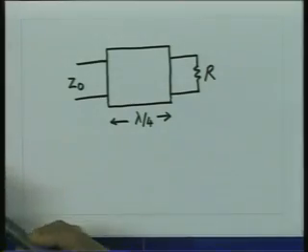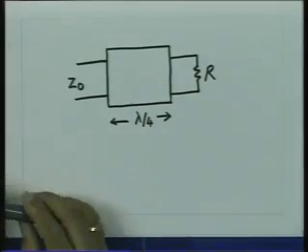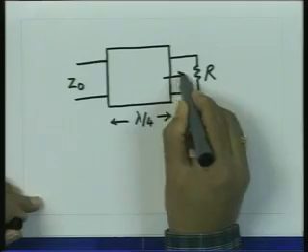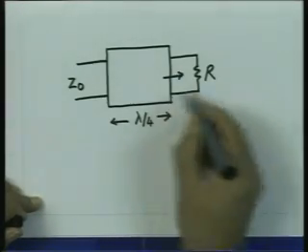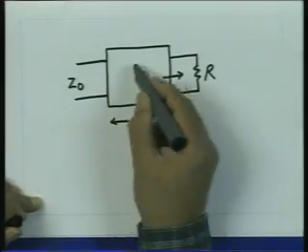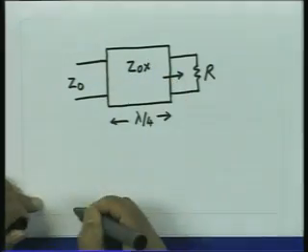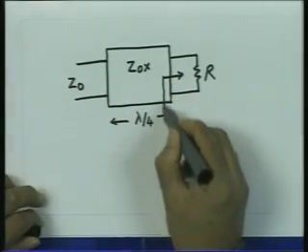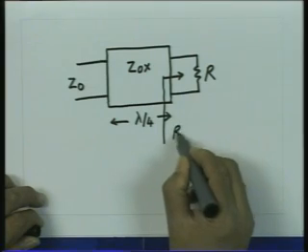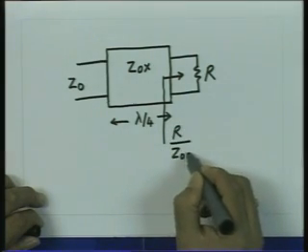We also know the property of a transmission line, that every distance of lambda by 4, the normalized impedance inverts itself. So, the normalized impedance seen at this point here is R divided by Z0x, because the characteristic impedance of this transforming line is Z0x.